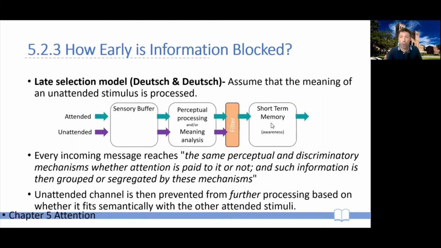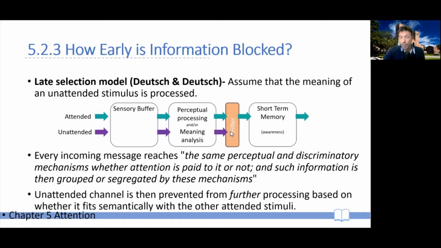So again, the important difference here, in fact, there are two differences. One is that in terms of amount of processing, this model is much more expensive, meaning in a sense you're wasting a lot of resources. You're processing all the information, whether you keep it or not. And after you've processed everything, you reject what you don't want to keep.